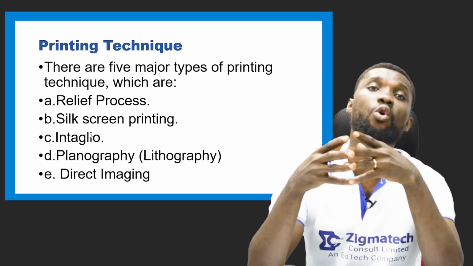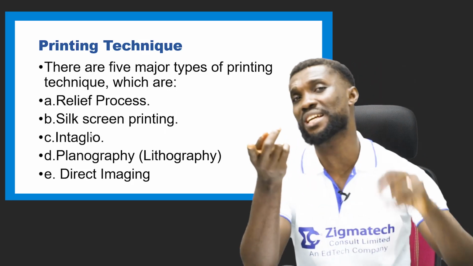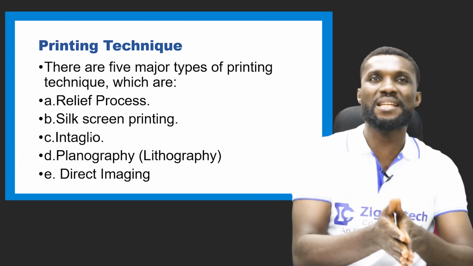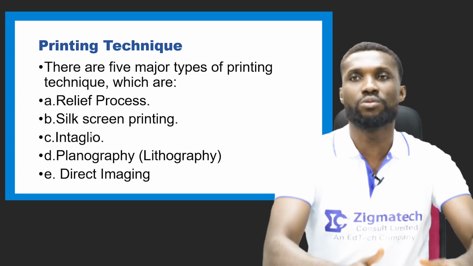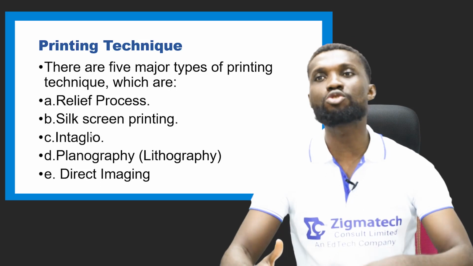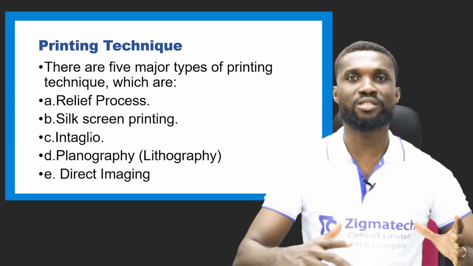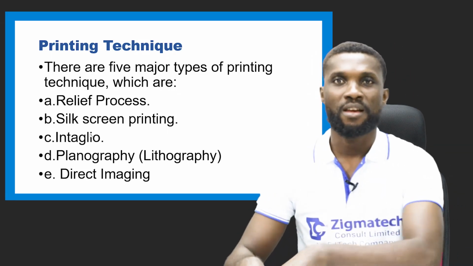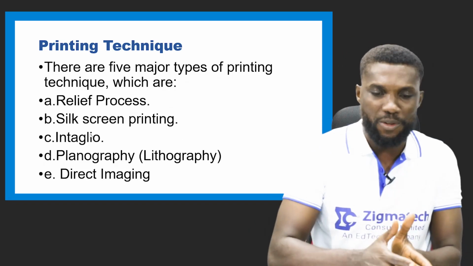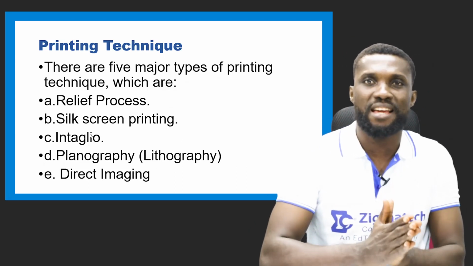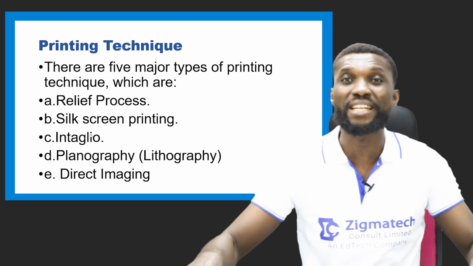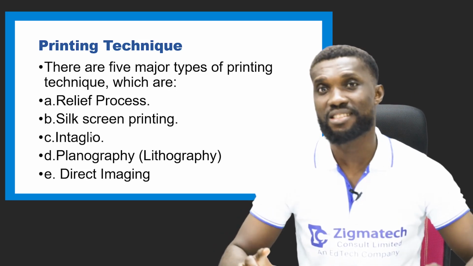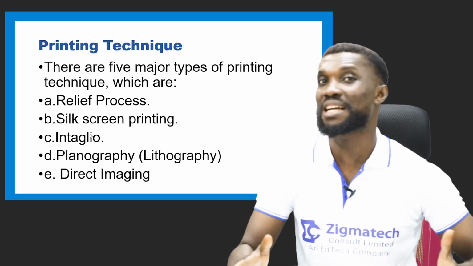Lithography is the current method of printing. The meaning of lithography is: litho means stone, and graphy means drawing. So it is like stone drawing. This is an aspect of art printing whereby the work is transferred onto a plate. It's mechanical.